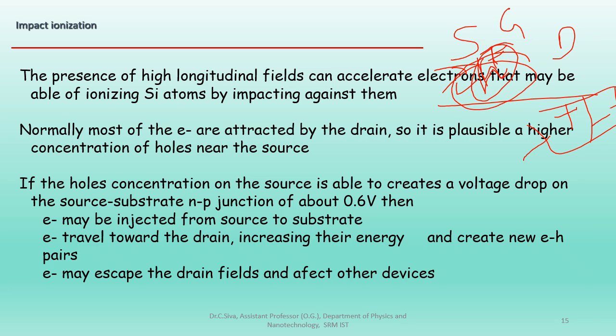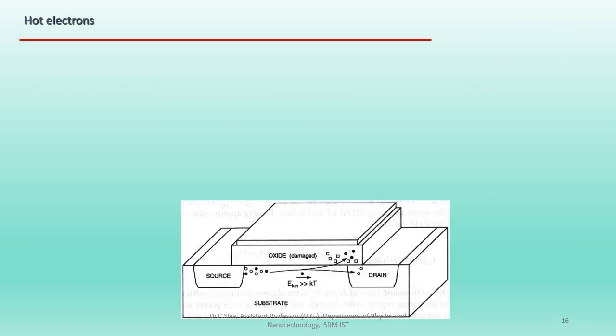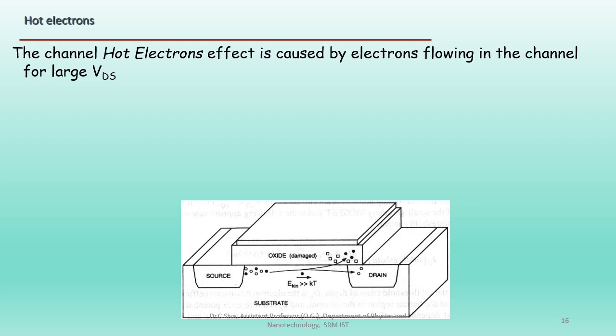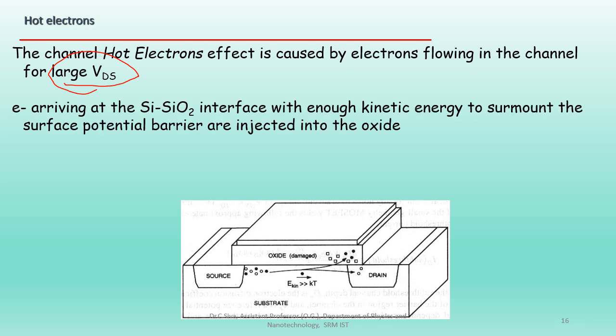Also, this injects new electrons. This is problematic. Next one is called hot electrons, which is the last one. At a large drain source voltage VDS, energetic electrons can overcome the interface barrier of the silicon dioxide layer and become trapped in the oxide layer.